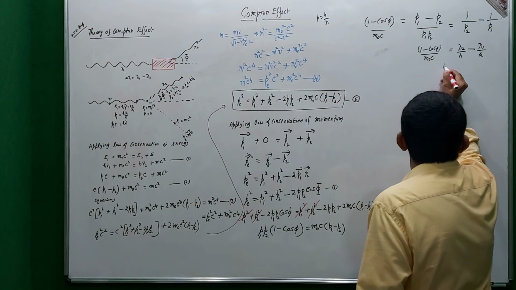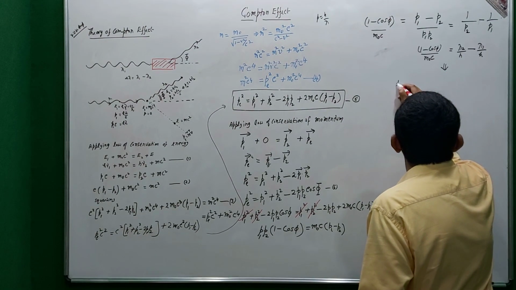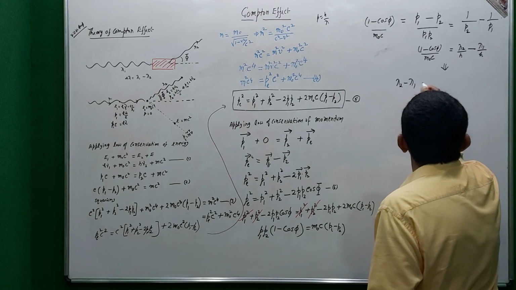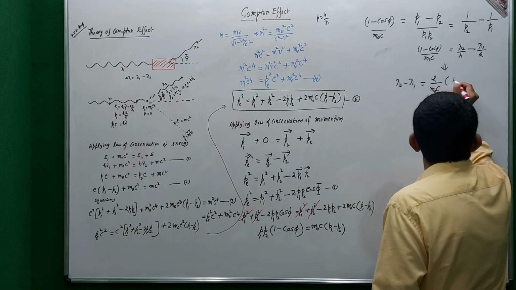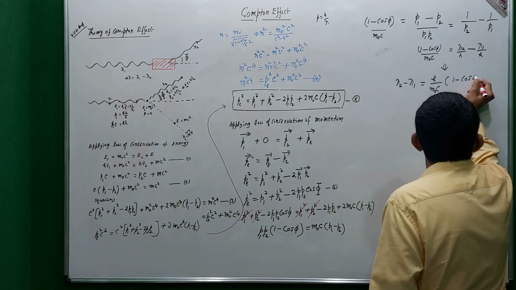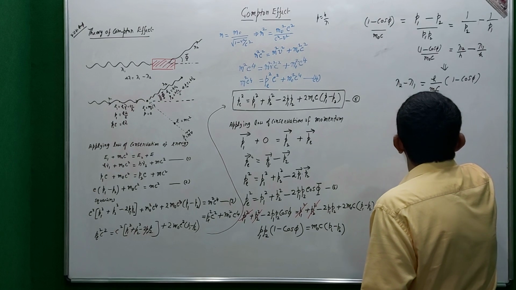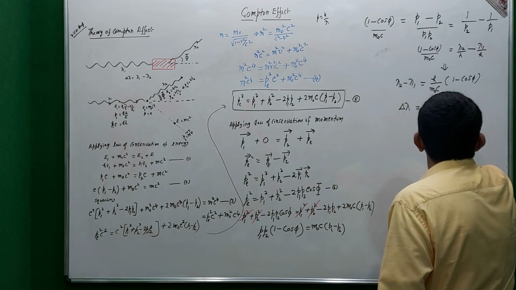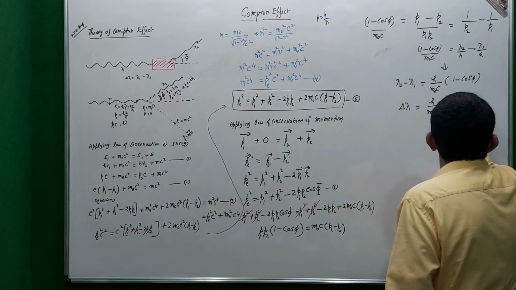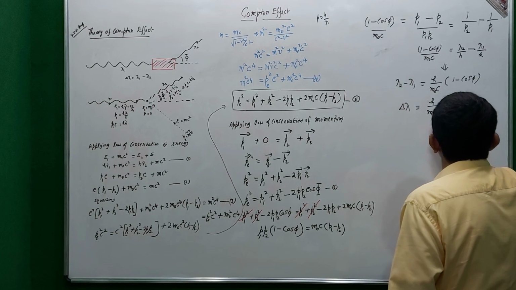Or this leads us to lambda 2 minus lambda 1 equal to h by m naught c into 1 minus cos phi, or change in the wavelength is h by m naught c into 1 minus cos phi.